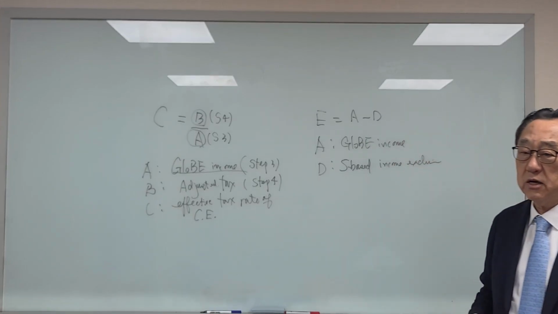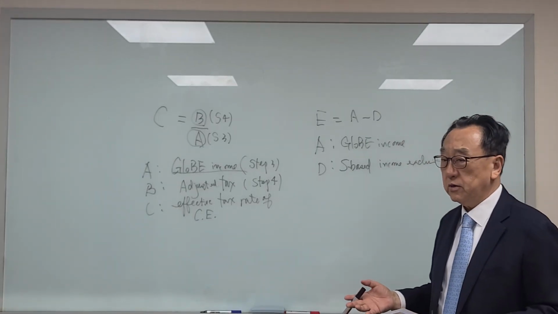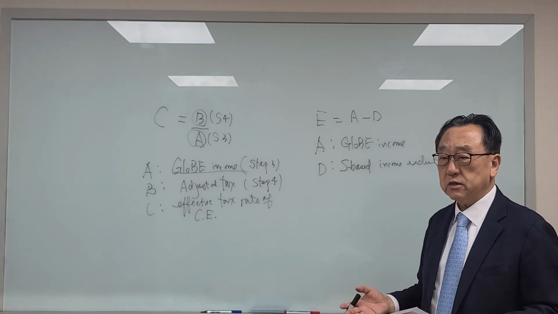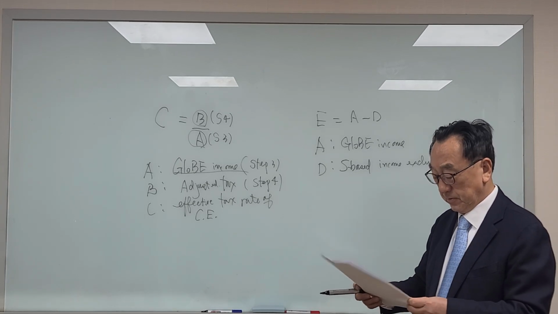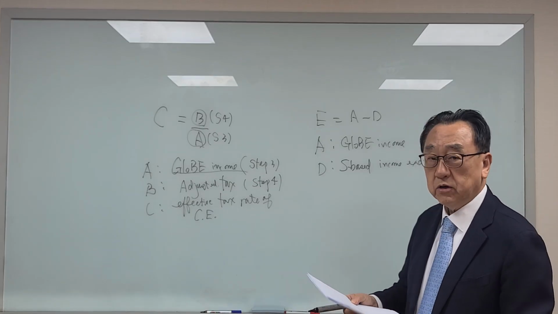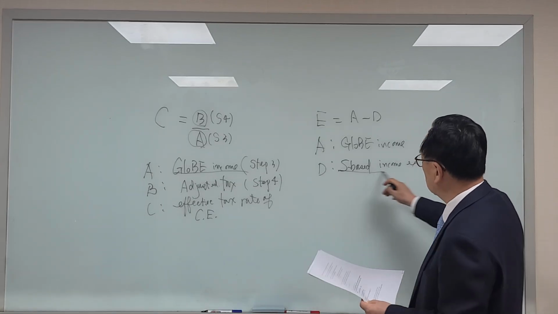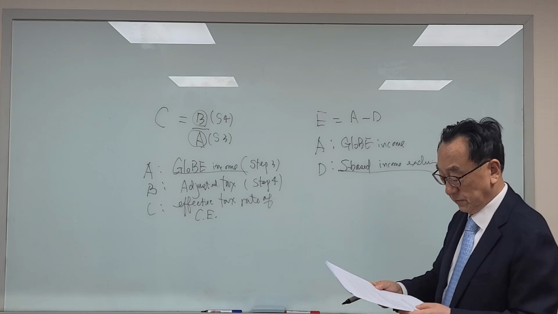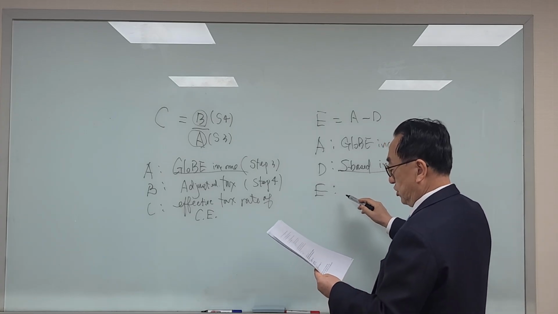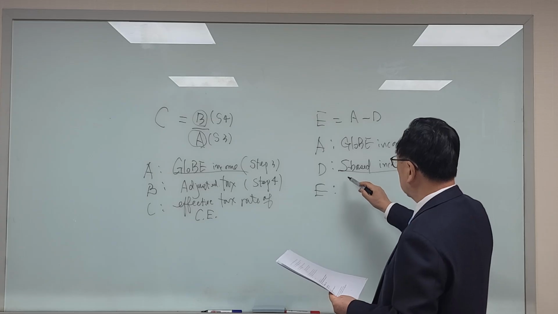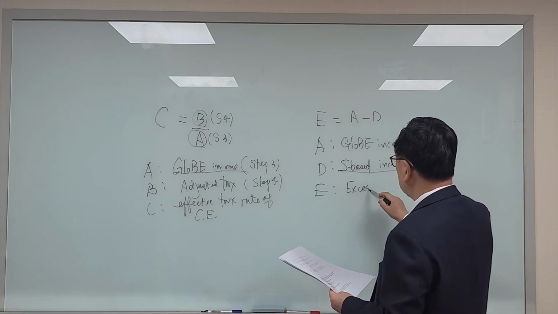Some expenses are excluded from the computation of GMT as a deduction. We'll explain this D later. And E equals jurisdictional excess profit. This means excess profit.